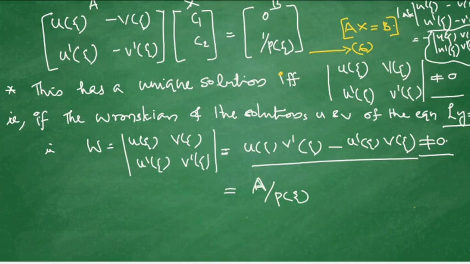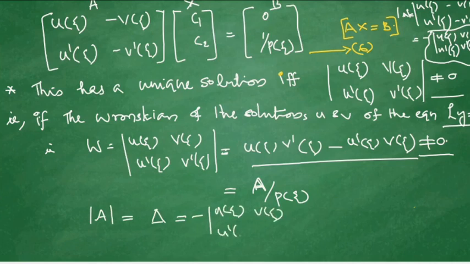If the Wronskian is equal to this, then the determinant of the matrix A, which we denote by delta, is equal to minus the determinant of u of theta, v of theta, u dash theta, v dash theta. So this is equal to minus A by P of theta. This is the determinant delta.